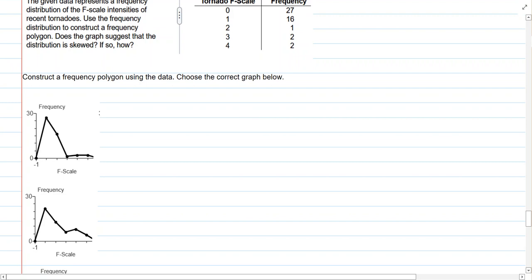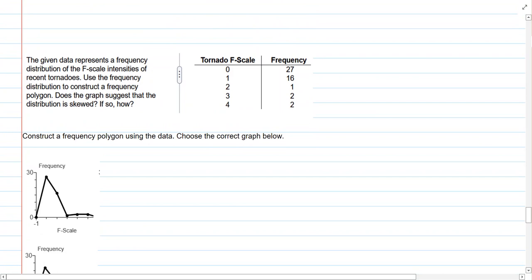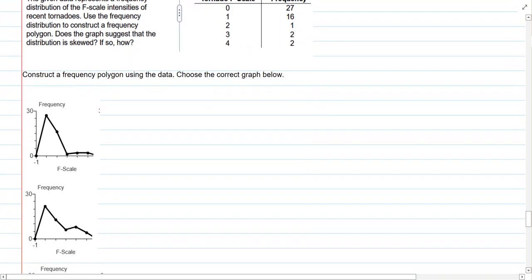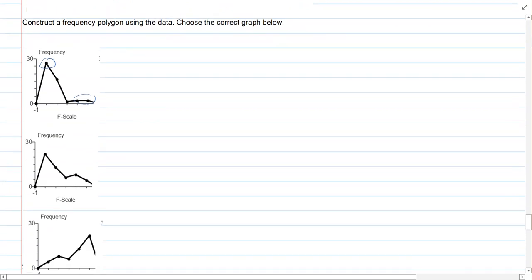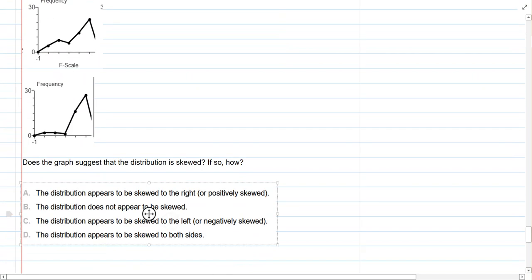And this one, it looks like it's this guy right here, because this is the closest to 27. And then 2, right there is 2. So this one is not. So it is skewed to the right. It's skewed to the right.